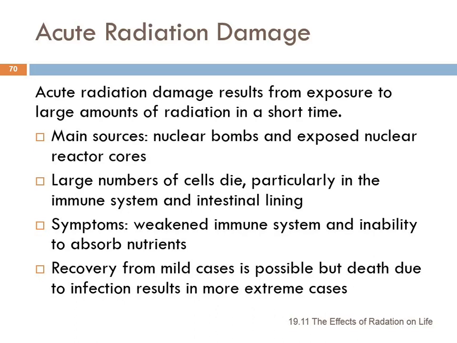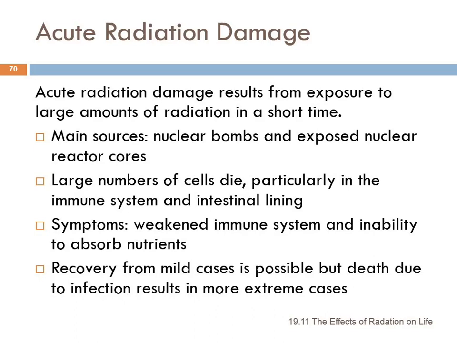But what happens here? Well, you get a large number of cells that die because they're completely overwhelmed by the radiation. It's mostly the cells that are reproducing rapidly, so it's the immune system cells and the intestinal lining. The main symptoms seen in people who are exposed are a weakened immune system and an inability to absorb nutrients.